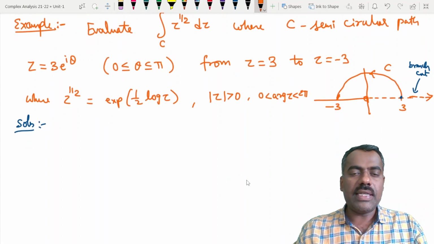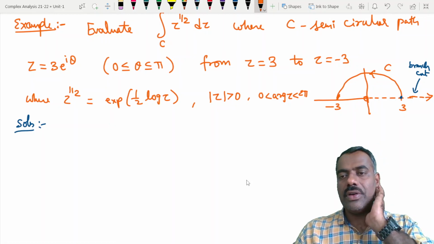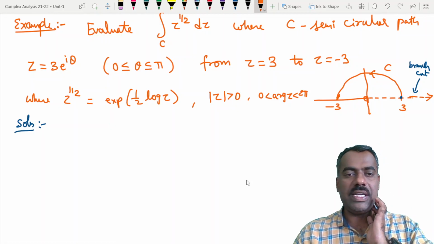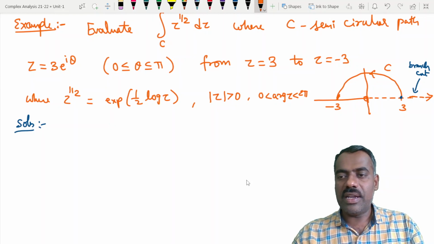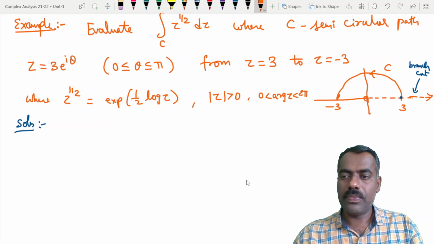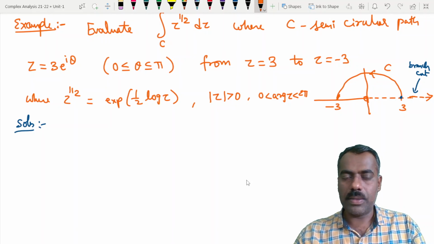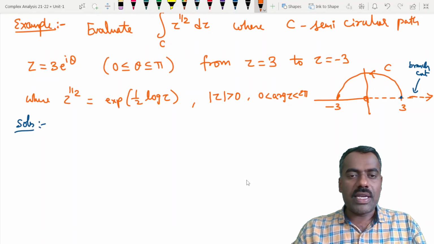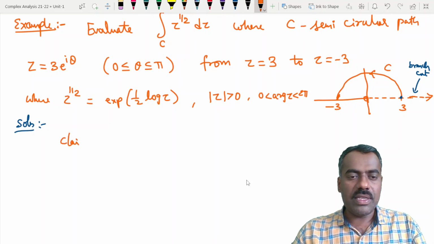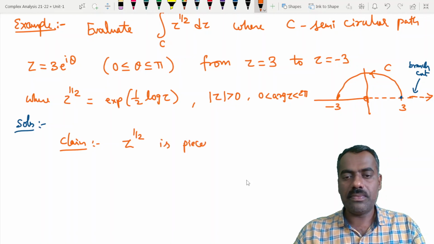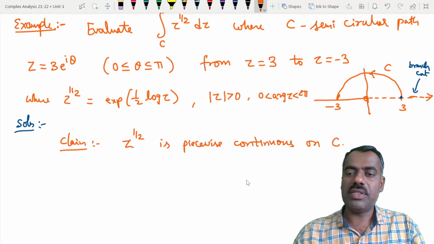So how we can calculate: the only problem is this function z power half is not defined at 3 because the 3 is on the branch cut. You can say it is not continuous. But we can make sure that this f of z, so our claim is this f of z, which is z power half, is piecewise continuous on this given contour C.